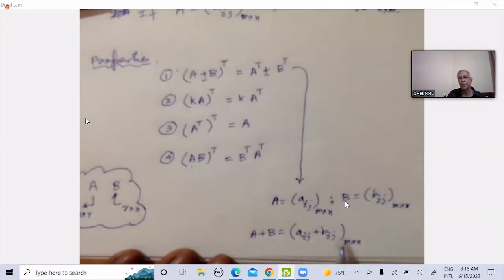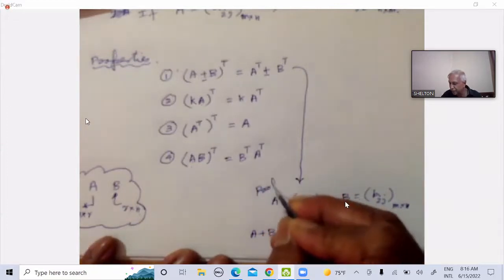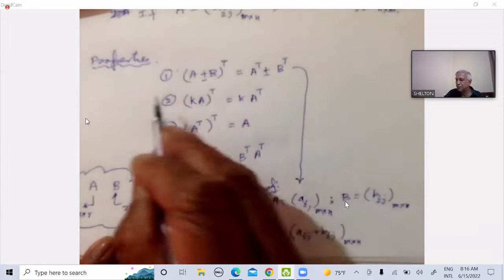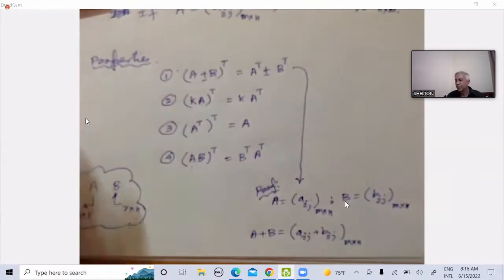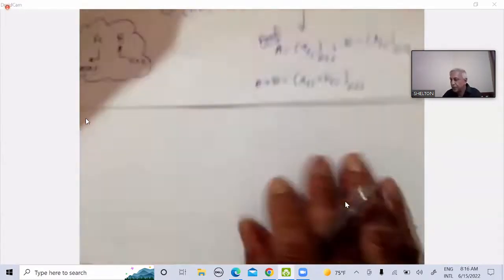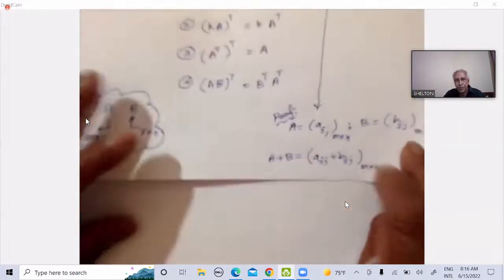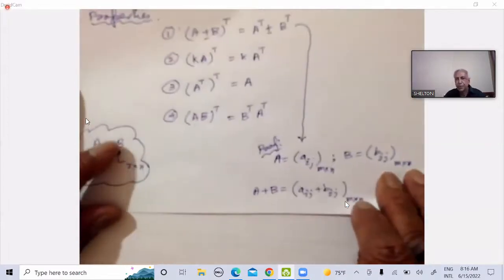That is A plus B. Now find the transpose of all three. That will be basically the proof of one. Now we want to show (A plus B) transpose is equal to A transpose plus B transpose.